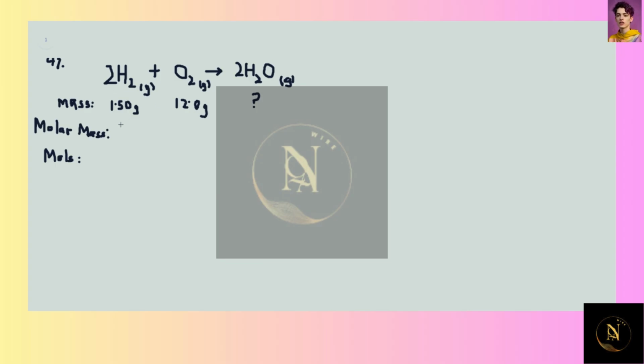After knowing what the mass is, we need to determine the molar mass of these species. The molar mass for hydrogen gas is basically the sum of the molar masses of the hydrogens. The molar mass of hydrogen is about 1.008 grams per mole, so the molar mass of hydrogen gas would be about 2.016 grams per mole.